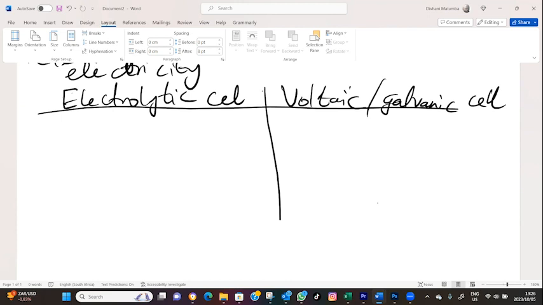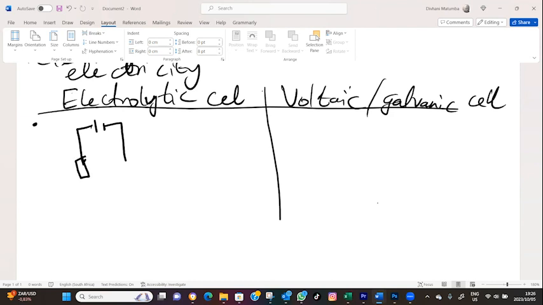Electrolytic comes from electrolysis, and electrolysis is using electricity to split a certain chemical. An electrolytic cell will look like that.